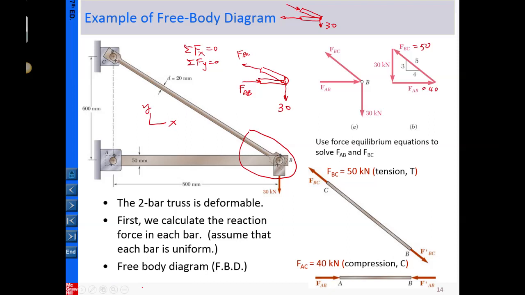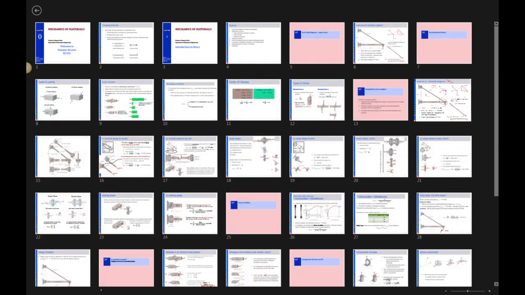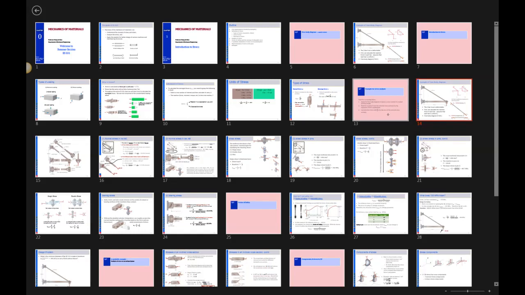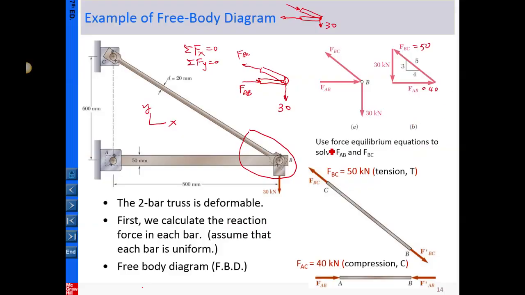Let me erase unnecessary information. So for this example, if you want to use these equations, basically for Fx, this one will be the component of FAB. Let's assume pointing rightward is positive, and then the other component is contributed by FBC.